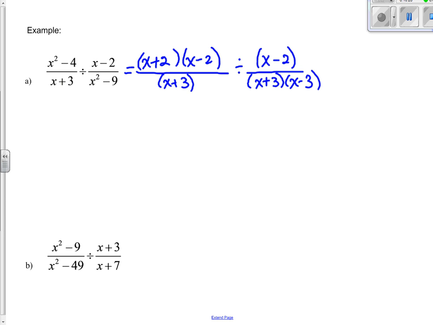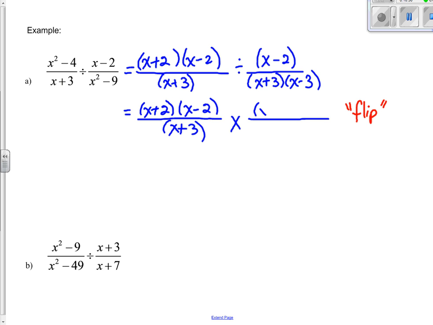Be careful. The temptation right now is to try and cross out, divide out common factors. You can't do that until you flip it. So this is the place where we are going to flip. Okay. So it now becomes, leave the first one the way it was, and we're going to take the second one and flip it and make it a multiplication instead.